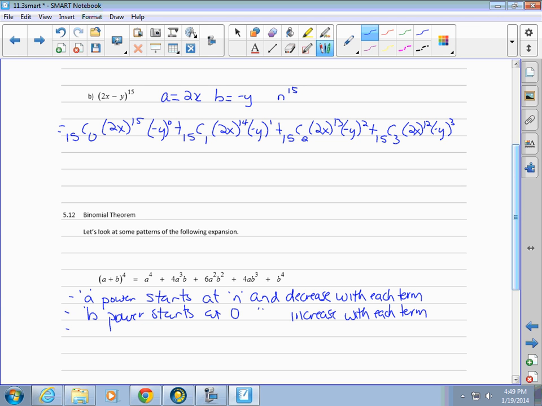We have also noticed that our powers, when we add them up, have to equal the power of the original. And I'm just going to put the question's power. Actually, that should be the sum of the powers of the terms equals the question's power.